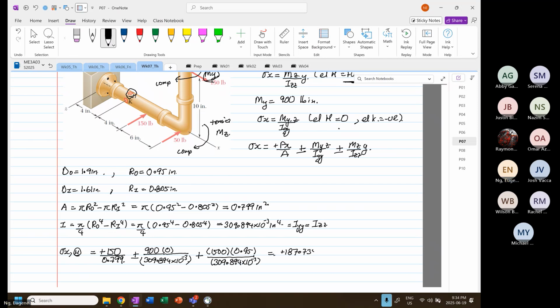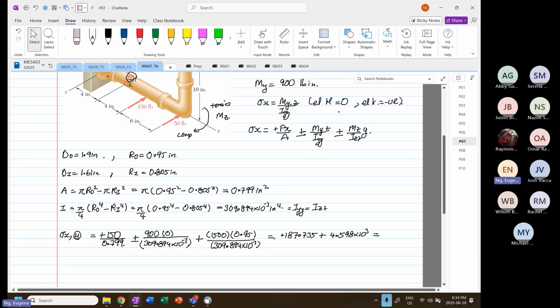187.735, plus 1500 times 0.95 divided by 309.894 times 10 to the power minus 3, which is 4.598 times 10 to the power 3. Okay, I'll do it again. 1500 times 0.95 divided by 309.894 times 10 to the power minus 3 is 4.598.